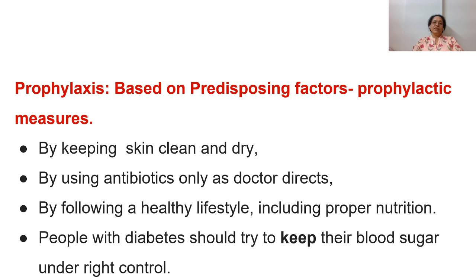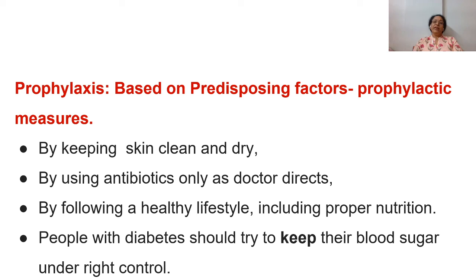Wet conditions also lead to candidal infection, so by keeping skin clean and dry, one can prevent infection by Candida. Using antibiotics only as the doctor directs is also an important point, that is, avoid misuse of antibiotics, as prolonged antibiotic therapy is an important factor for candidal infection.